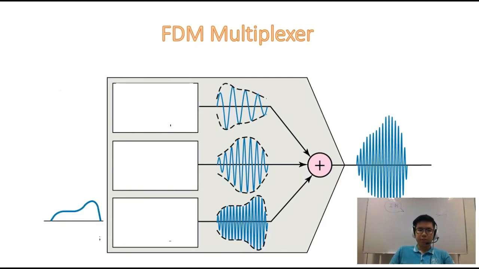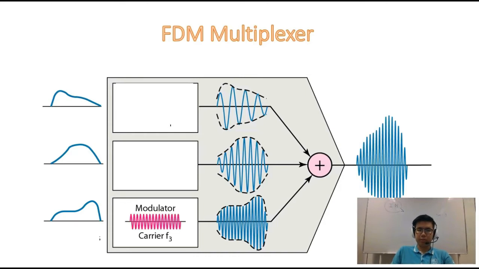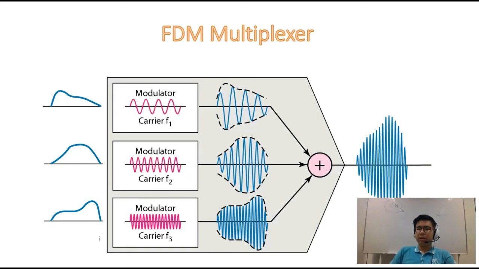First, the analog signal will be generated by its own sending device and sent to the multiplexer, and then the multiplexer will modulate it with different frequencies. After modulation, these modulated frequencies will be combined by the multiplexer to become one link.